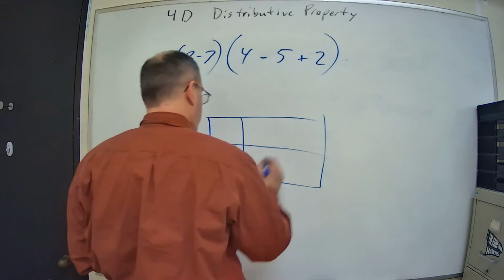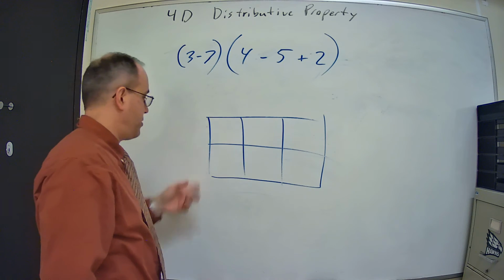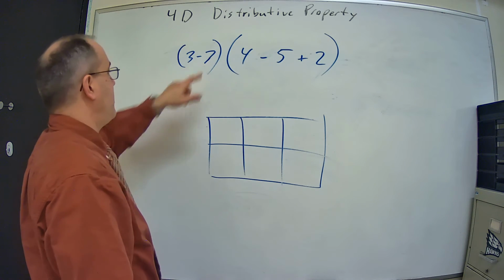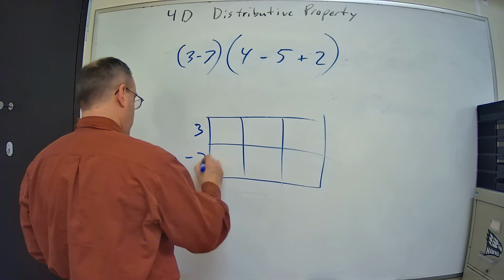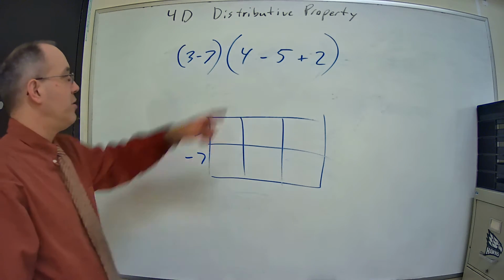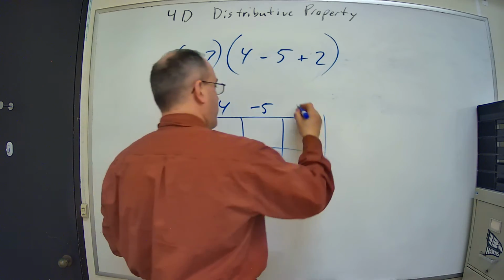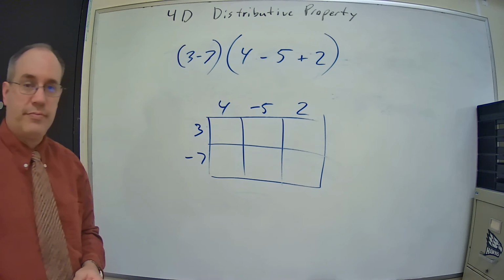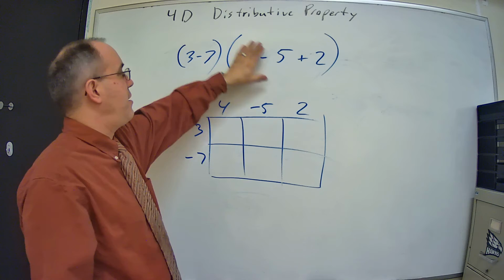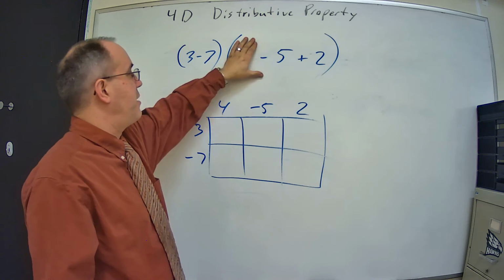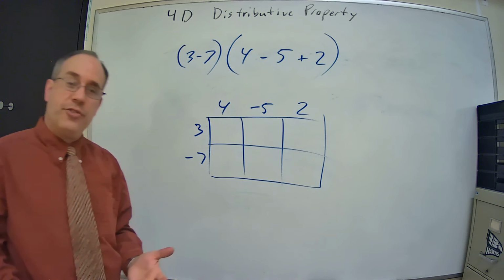So I'm going to create a table that's 2 by 3, right? 3 across, 2 down, and I'm just going to take these and put it here. 3 minus 7. 4, minus 5, 2, right? Positive 4, negative. If I just look at that, I've got positive 4, I got negative 5, I got positive 2.